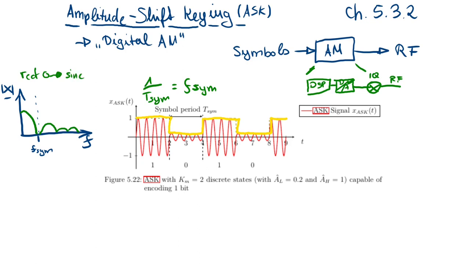You will find the derivation in the lecture notes. What is important here is that this is the first zero, and this is approximately the bandwidth of the signal modulated onto the carrier.